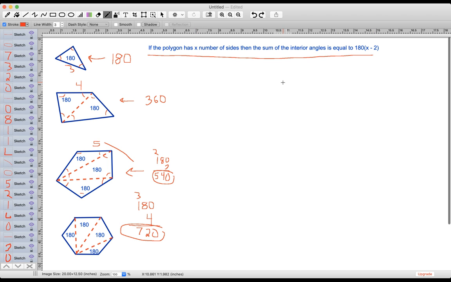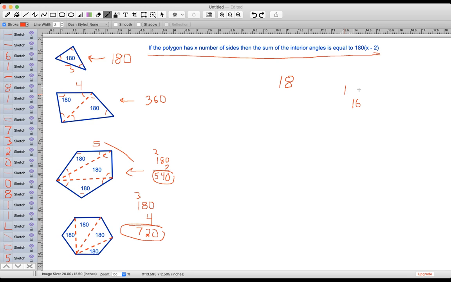Let's say I wanted you to tell me the sum of all the angles in, let's do a hard one, an 18-sided polygon. If it's 18 sides, or 18 vertices or corners, it can form 16 triangles, because it's always two less than the number of sides.